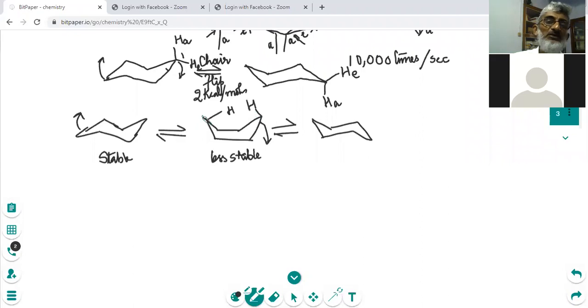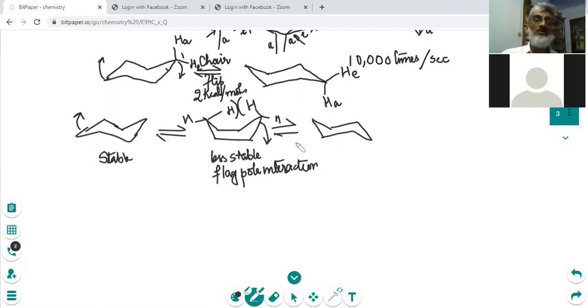These two hydrogens are very close to each other, and they interact with each other. See here, and this is called flagpole interaction. So flagpole hydrogen interaction.